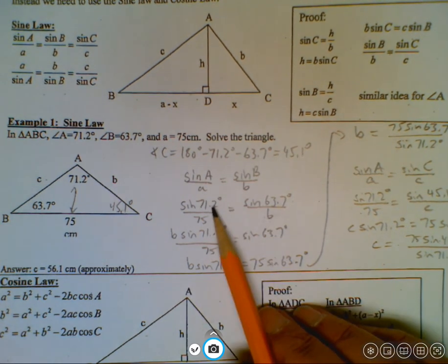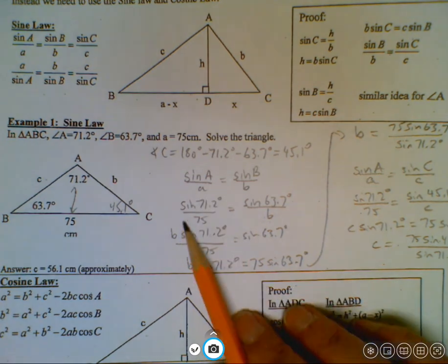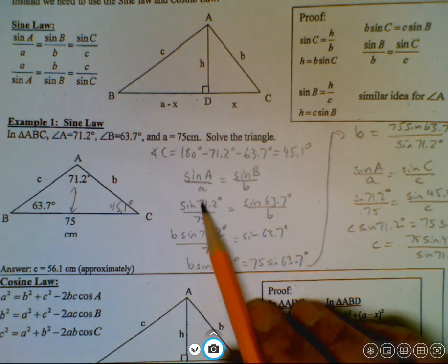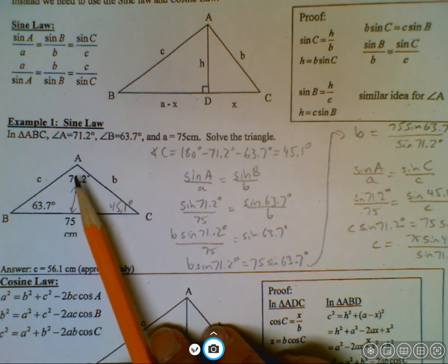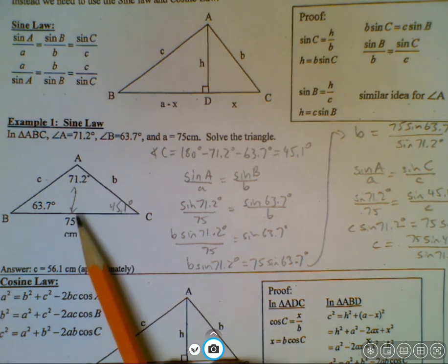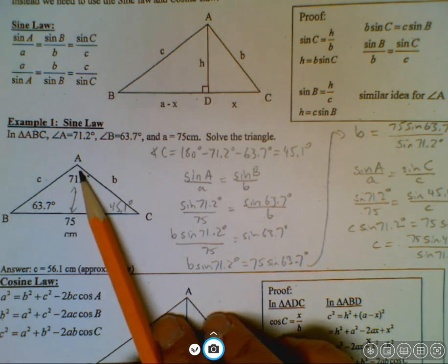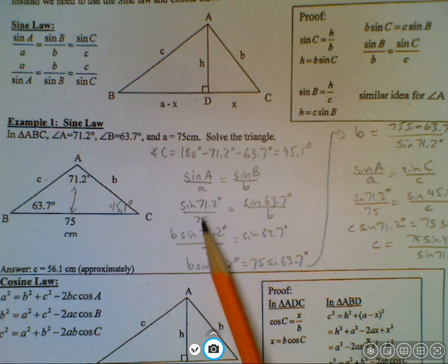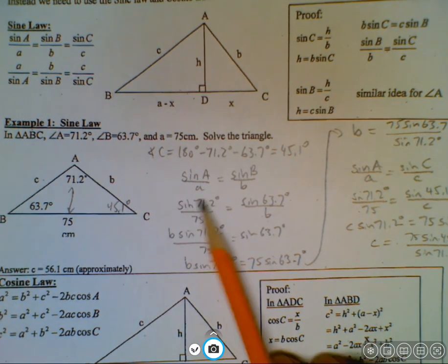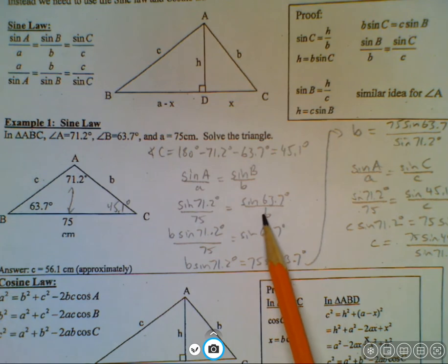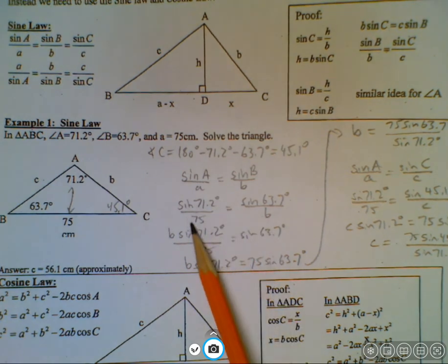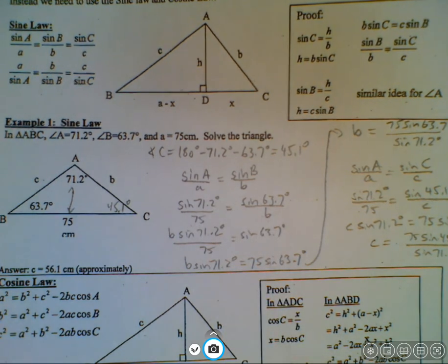So what that means is you must have one fraction that's complete. It has both numbers in it. It means you must have an angle and the side across from it given to you. Because if you don't have that matching pair, you would have another variable on this side, and then you can't solve for the b. Right? So we must have a matching pair given to us.